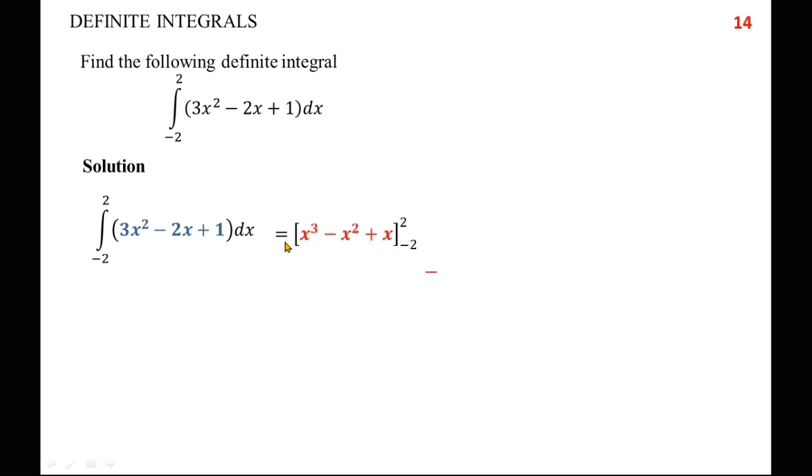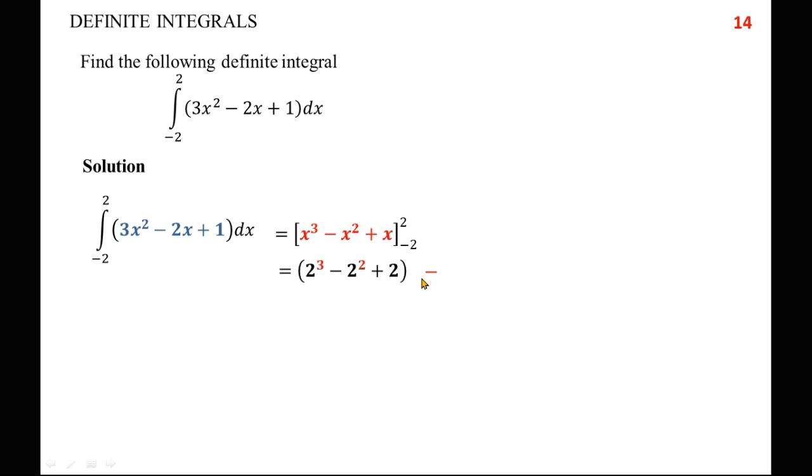It will be like this: x cubed minus x squared plus x, and then we can substitute the value of the boundaries. By substituting the upper boundary x equals 2 inside the term of x, it will give the result like this: 2 cubed minus 2 squared plus 2.